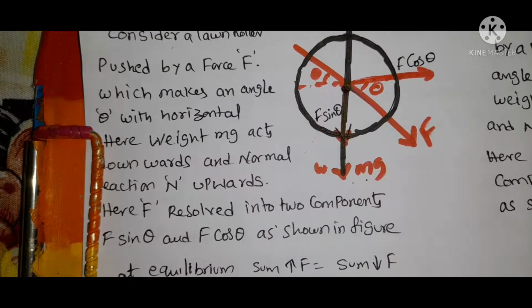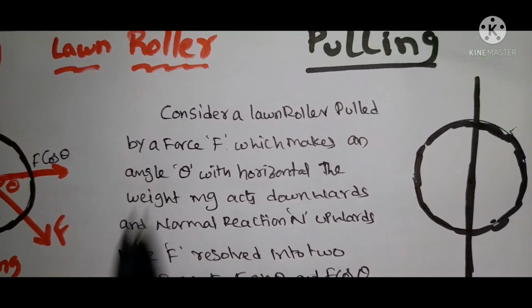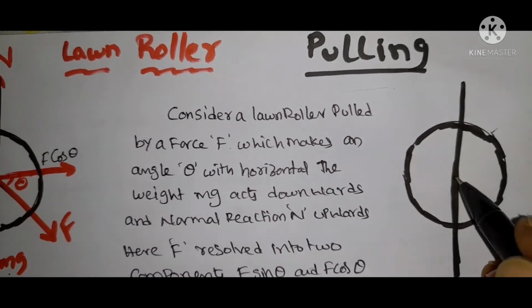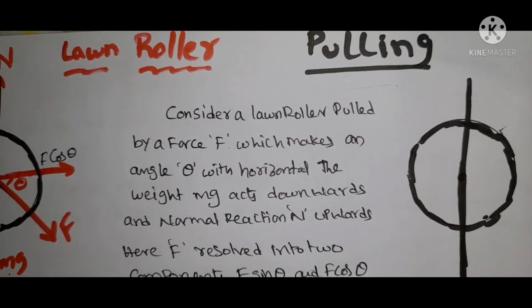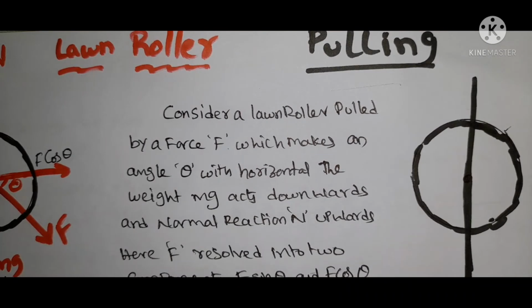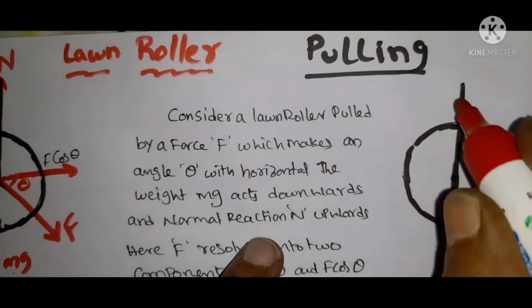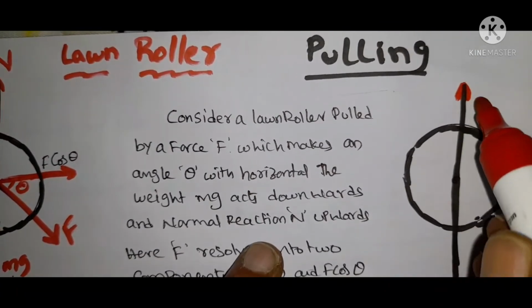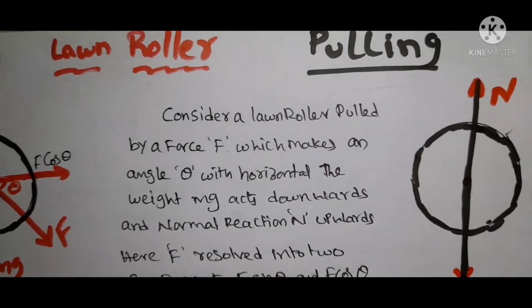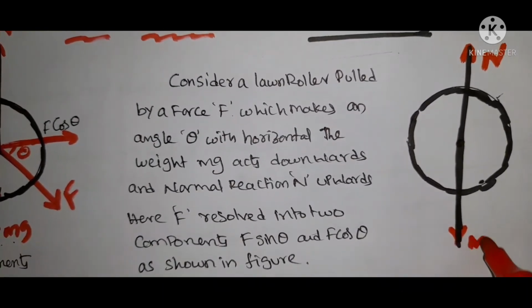Now go for pulling the lawn roller. Same thing here. This is the lawn roller. Two forces act on it: the upward force is the normal reaction and the downward force is the weight mg.